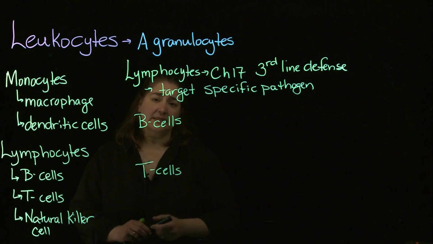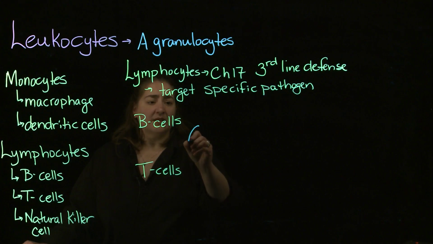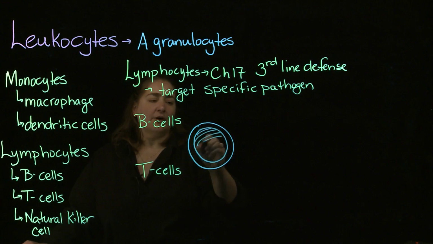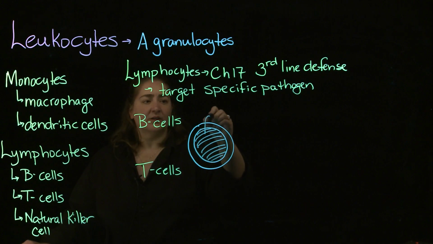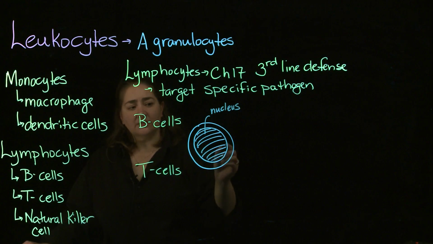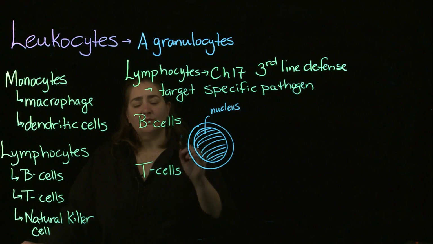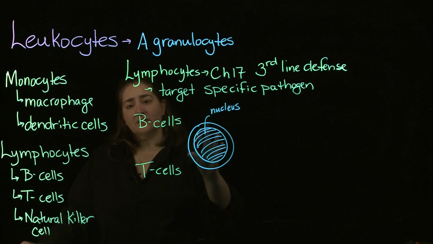Both B and T lymphocytes, you can pick those out underneath a microscope because they look very different from our granulocytes and from our macrophage, all right? This is going to be our nucleus. And if you notice, it looks like I've drawn a huge nucleus and an itty-bitty cell. That's the way B cells and T cells are going to look underneath the microscope.